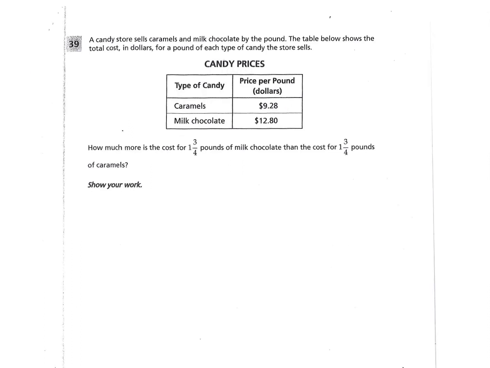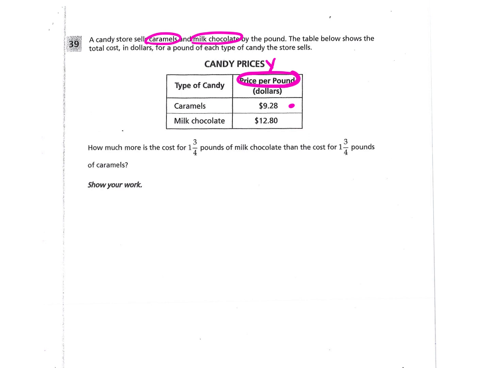Question 39 states, a candy store sells caramels and milk chocolates by the pound. The table below shows the total cost in dollars for a pound of each type of candy the store sells. The price per pound is here. That is your Y value. And in this case, caramels cost $9.28 per 1 pound.